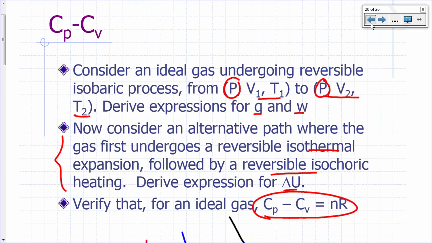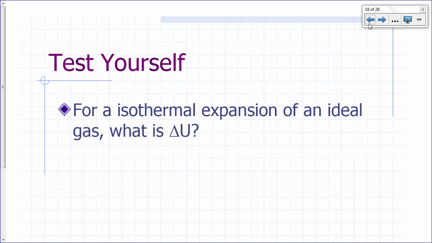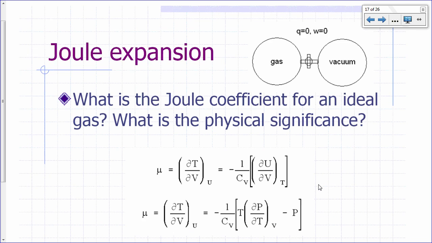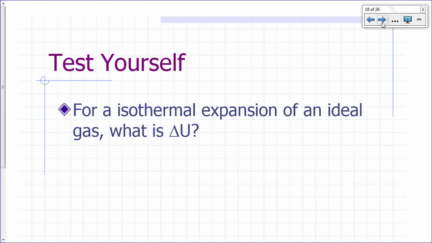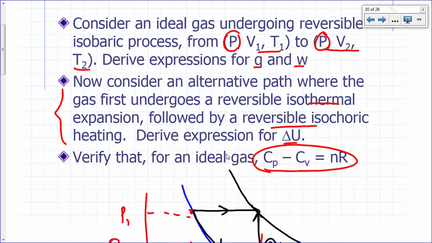This time around, what we did was we first showed from the fundamental equation, from the thermodynamic equation of state, that delta U for an isothermal expansion of a gas, if you recall this from the previous slide, is equal to 0, without making any assumptions about Cp and Cv. And this time we showed that Cp minus Cv is equal to nR.